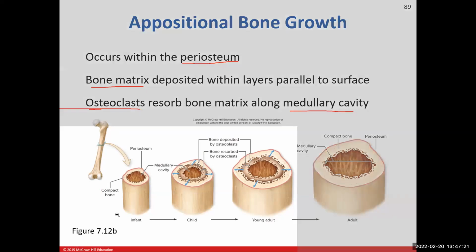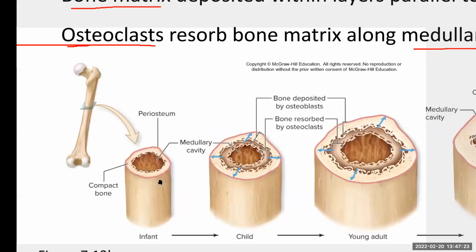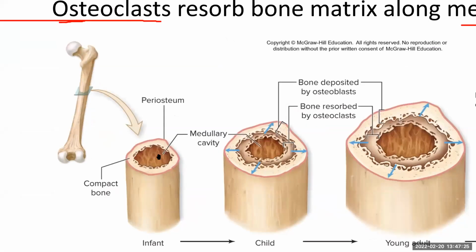If I zoom in here, you can see we're looking at a nice femur bone. With the infant, we have our medullary cavity with our beginning area of bone surrounded by the periosteum. The periosteum is going to keep putting down bone matrix on the periphery of the bone. You can see here's that old bone matrix, and here's the new bone matrix on the periphery.